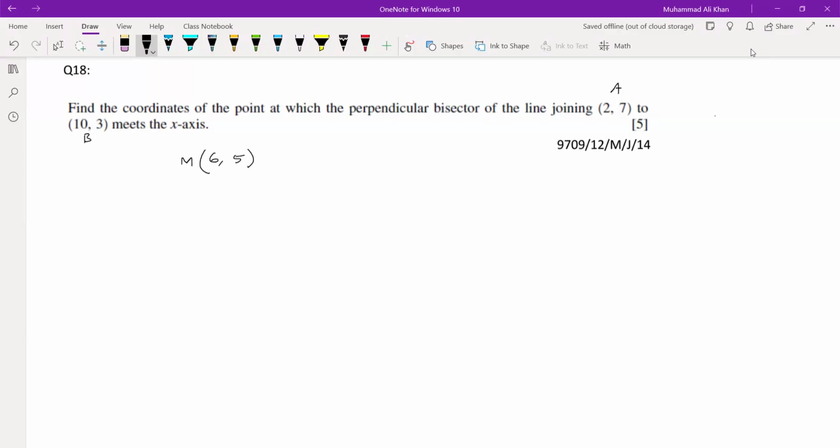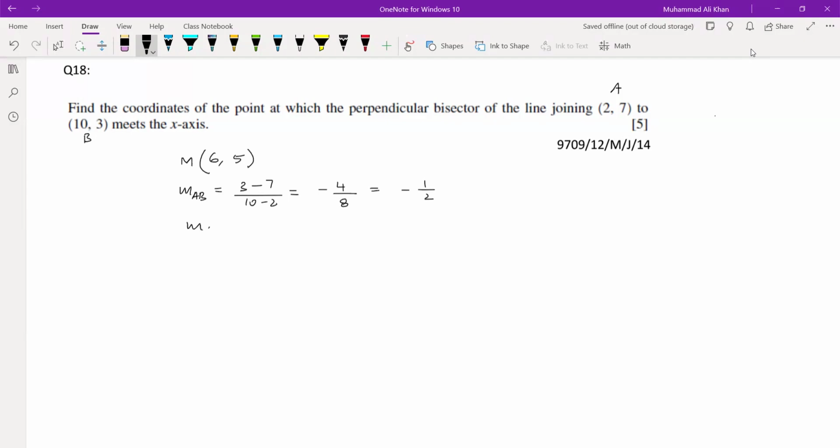Right? And after that, calculate the gradient of AB. The gradient of AB will be y2 minus y1, 3 minus 7 over x2 minus x1, 10 minus 2. 3 minus 7 is minus 4. 10 minus 2 is 8. So it will be minus 1 upon 2.